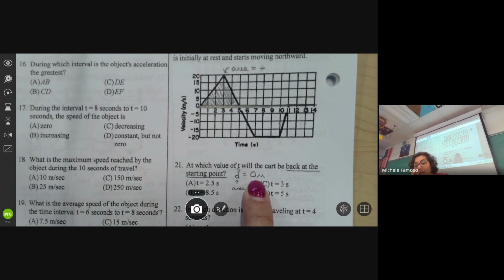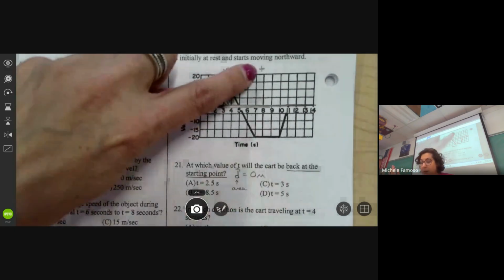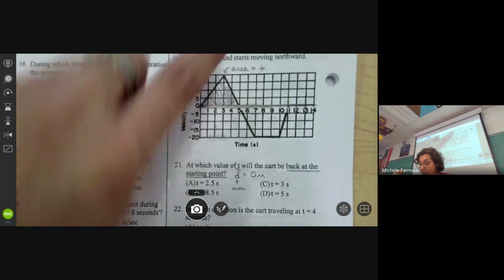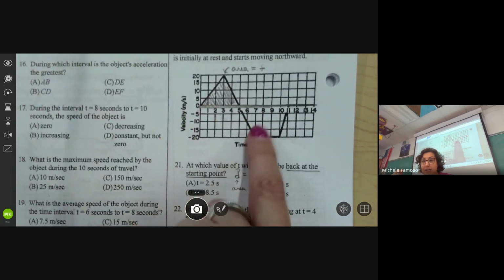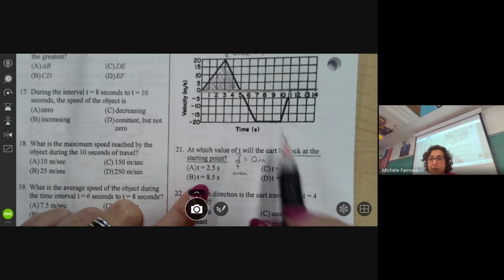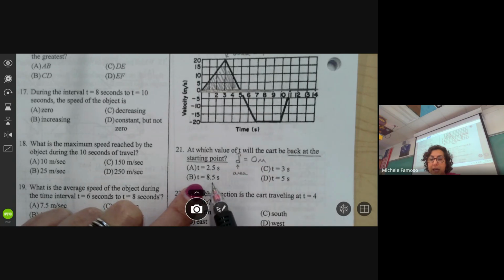The only way I can get a 0 area, the 0 value of anything when I have something that's positive, is add something negative to it. Where would I get negative area? After 5 seconds, because now I'm below the velocity axis. So when I look at this, I see of the 4 choices, the only one that goes beyond 5 seconds is 8.5 seconds.